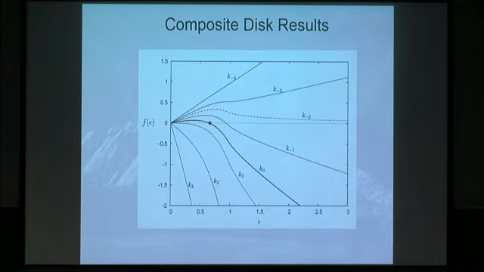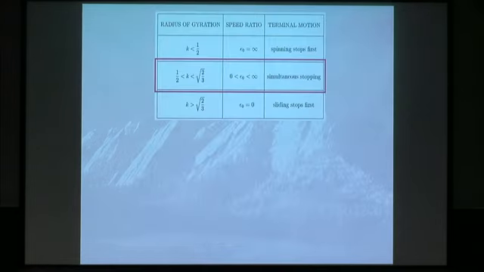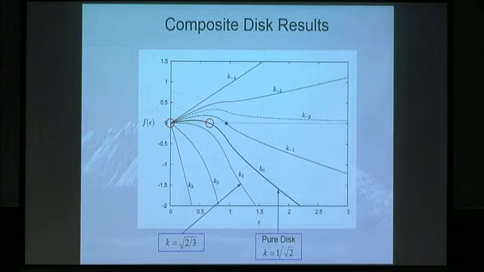All right, so let's look at composite disk results starting from this curve, which is for a pure disk. And then we could increase k, and when we do, we come to a value here. k is the square root, whoops, I'm sorry, k is the square root of 2/3.